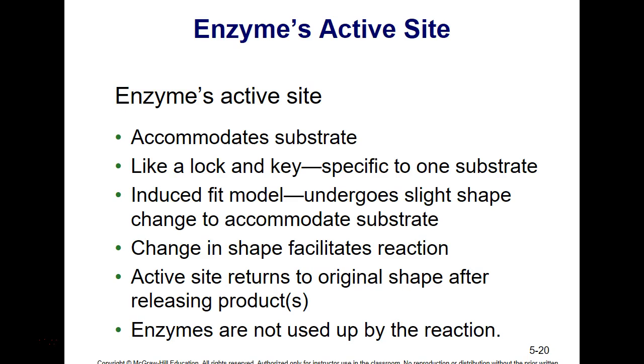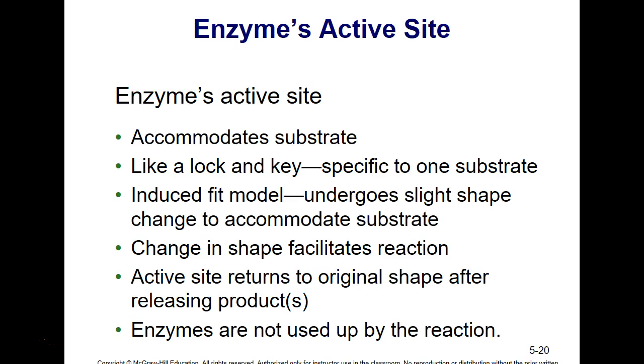So when the substrate binds to the active site of the enzyme, it is going to undergo a slight shape change to accommodate the substrate. When that happens, the reaction is going to occur. And once the reaction occurs, it's going to produce the product, and the active site is going to go back or resume its shape.